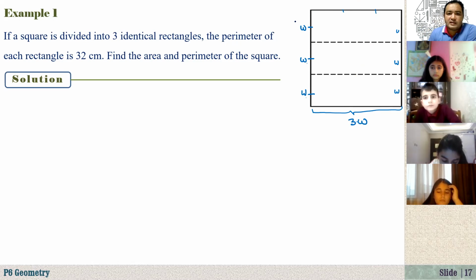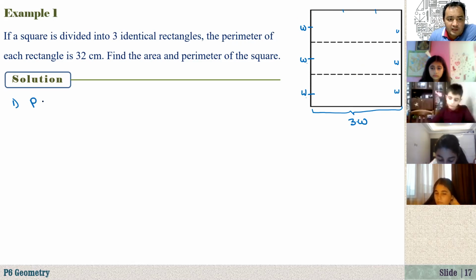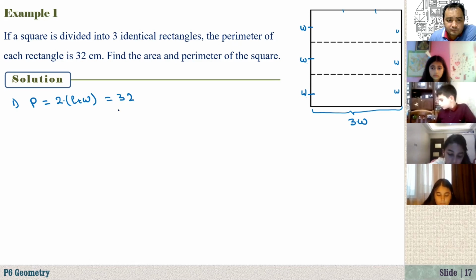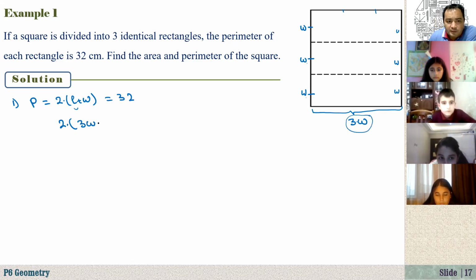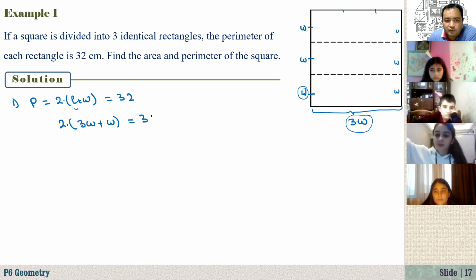Now in the question it says that the perimeter of each rectangle is 32. So number one is the perimeter of the rectangle. How do you find this? If you remember, 2 times (length plus width) is equal to 32. Now from here, 2 times, what is length? Length is this 3W, plus its width, which is W, is equal to 32.